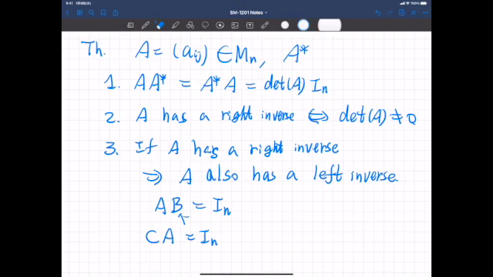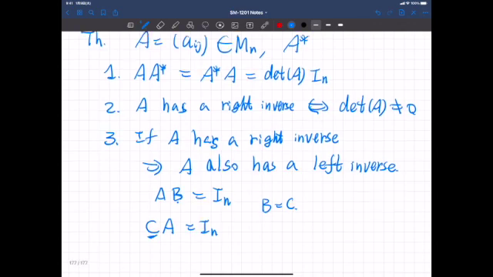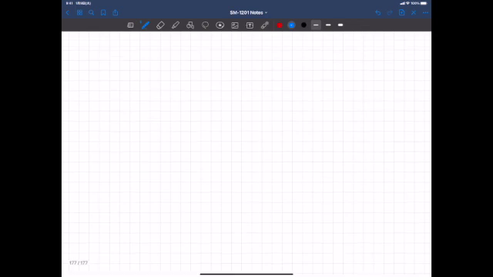And we are saying if there is a right inverse, then A has a left inverse, and they are actually the same thing and unique. Okay, now let's prove this theorem. First, part 1.